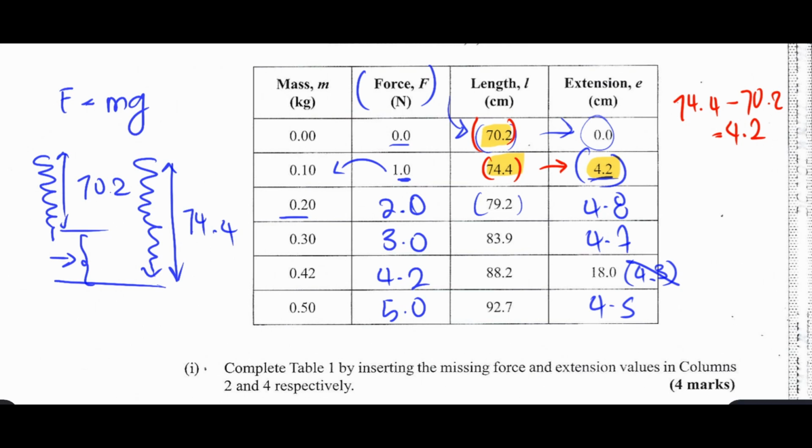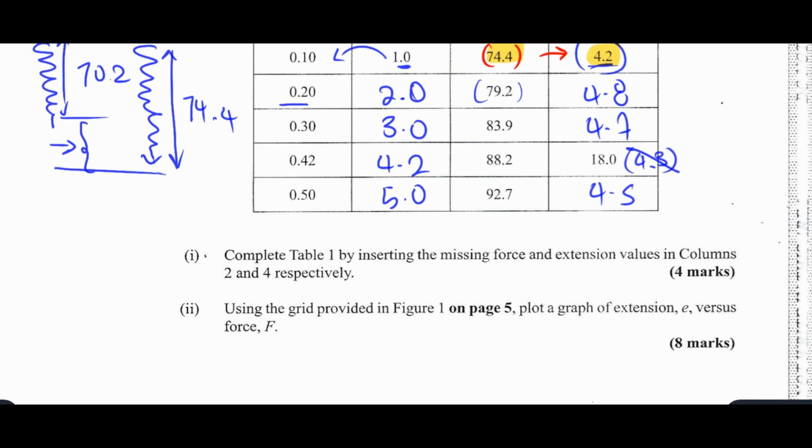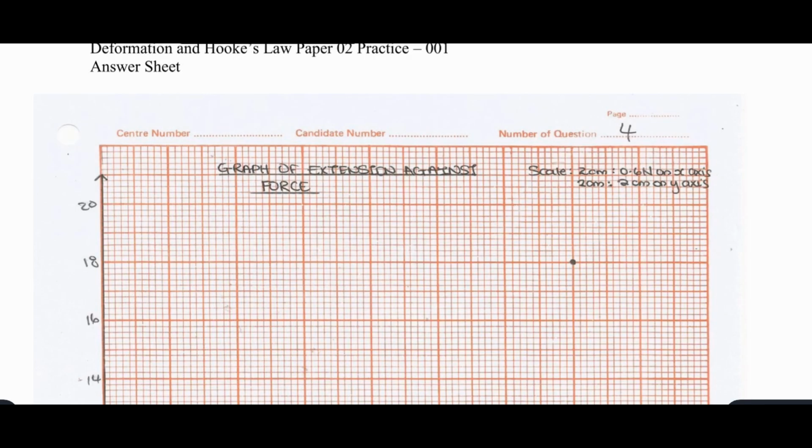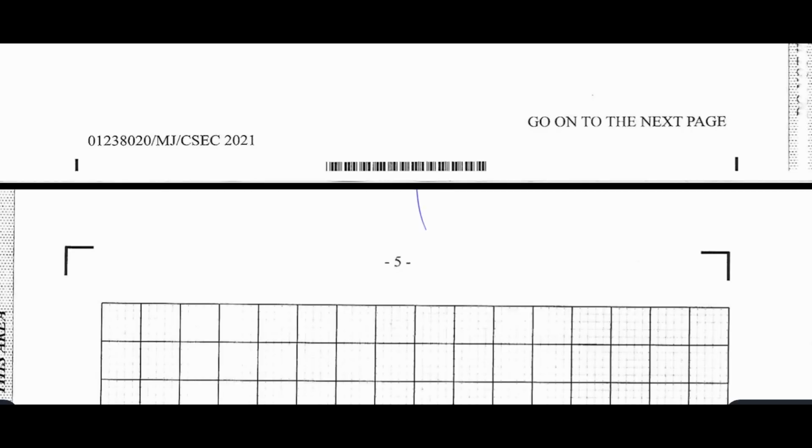For the second part, they say using the grid provided in figure 1 on page 5, plot a graph of extension E versus force F. Now, I plotted it on Graphleaf because it was hard plotting it on the computer. A little bit of housekeeping: your graph should have a title, if they don't give you one. I believe this graph here provided you with a title, so you don't have to write another one.